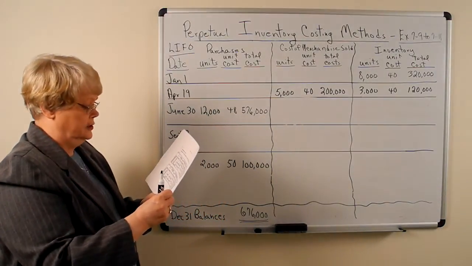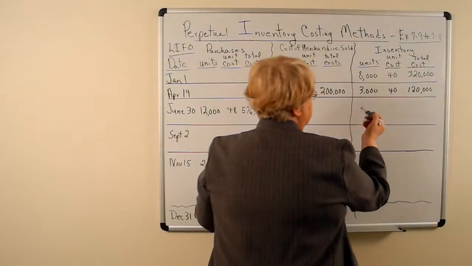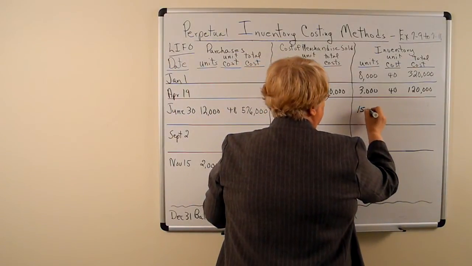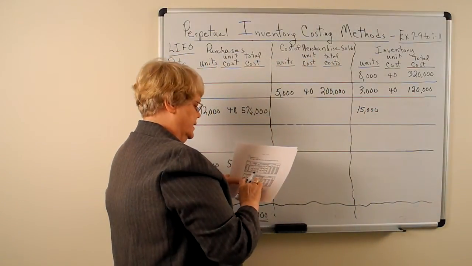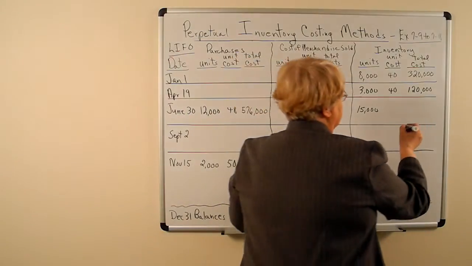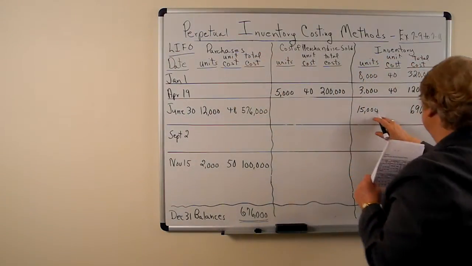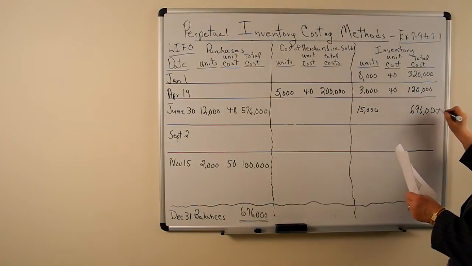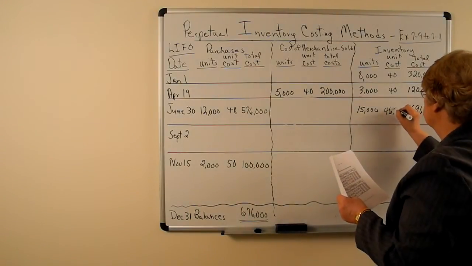We had 8,000 units and we had 3,000. Now we've got 15,000 units, so we add those units together. And we add the 120 and the 576 together to get 696. And then divide the 15,000 into 696,000 to get the average unit cost, and it comes up to 46.40.